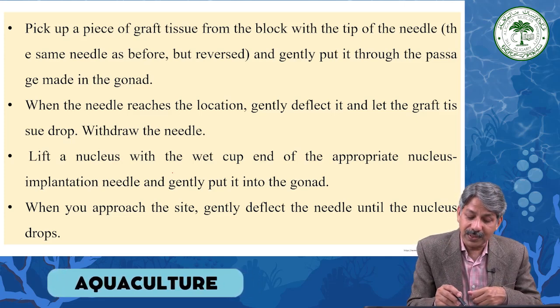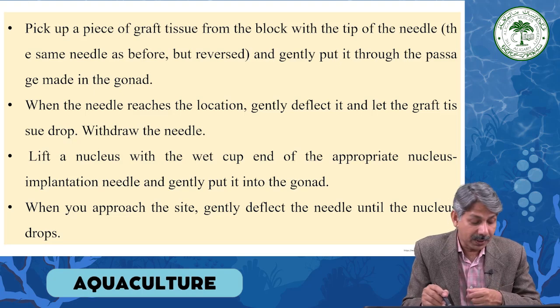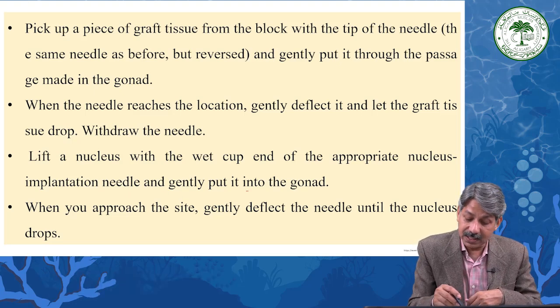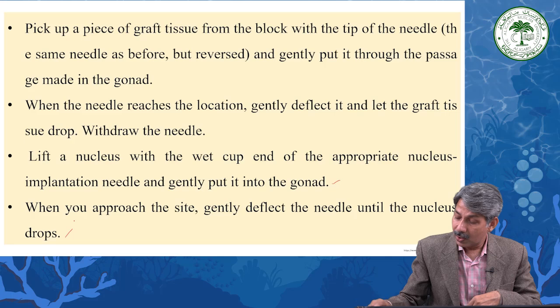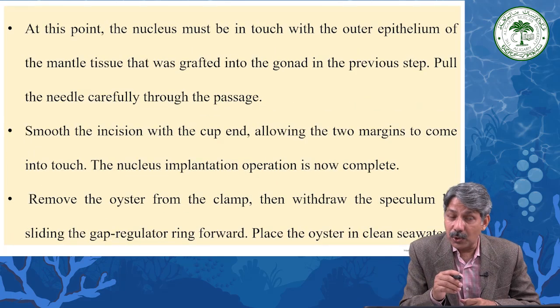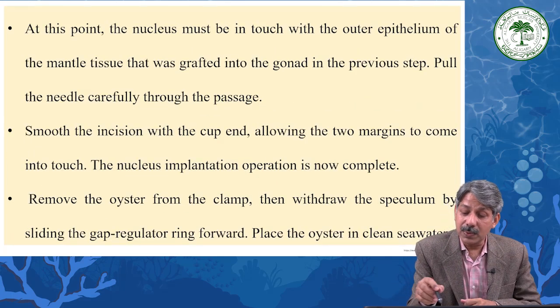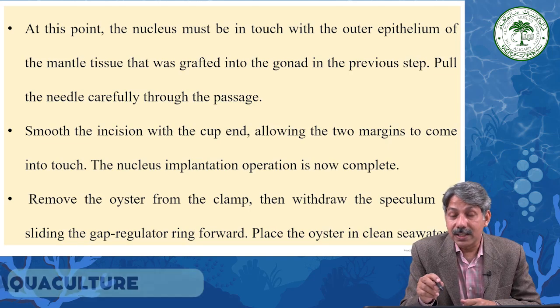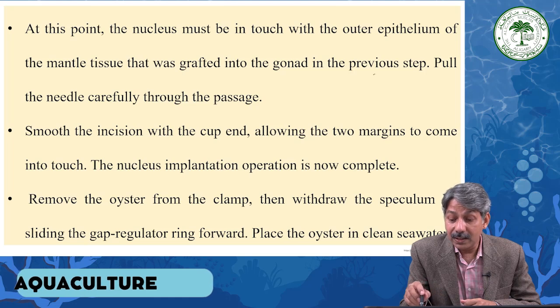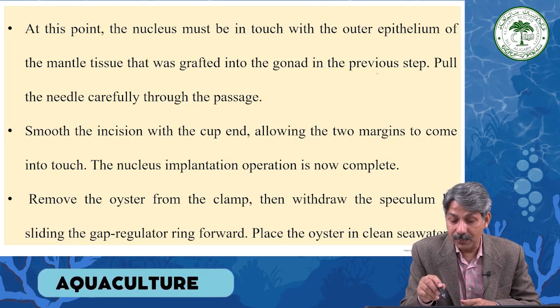Lift a nucleus with the wet cup end of the appropriate nucleus implantation needle and gently put it into the gonad. When you approach the site, gently deflect the needle until the nucleus drops. At this point, the nucleus must be in touch with the outer epithelium of the mantle tissue that was grafted into the gonad in the previous step, as we have seen earlier.